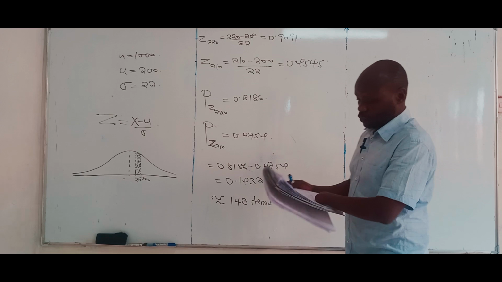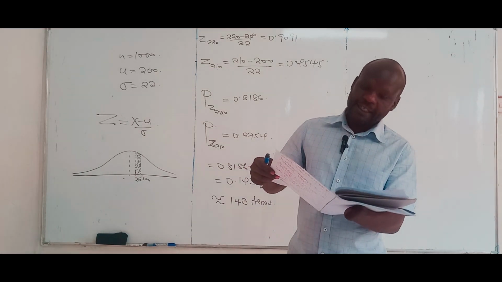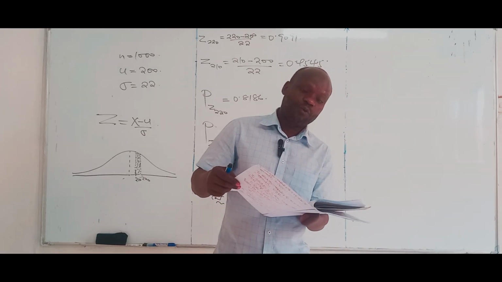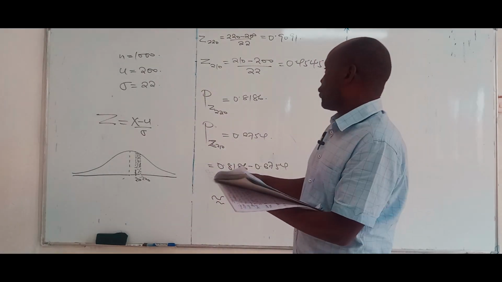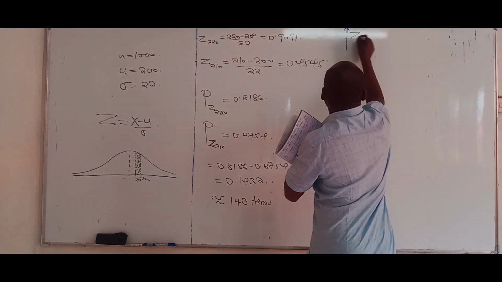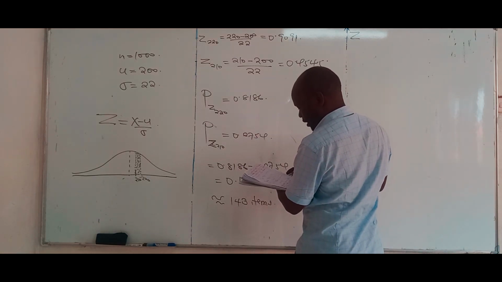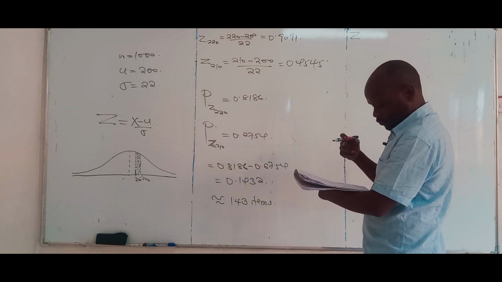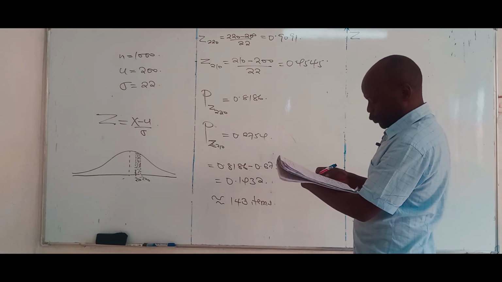Then we proceed to Roman 2. Roman 2 requires us to determine the number of items that have weights between 180 kilograms and 230 kilograms. So we would follow just the same procedure. There's an advantage to a student who knew the first one, who would straight away score Roman 2.